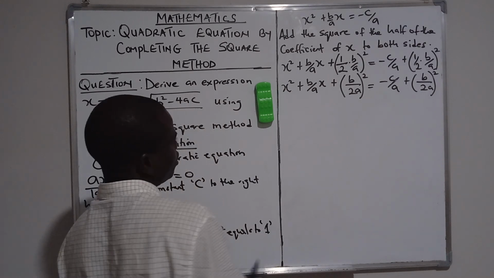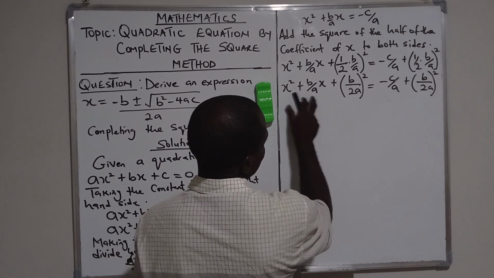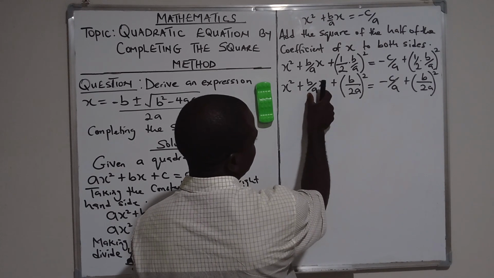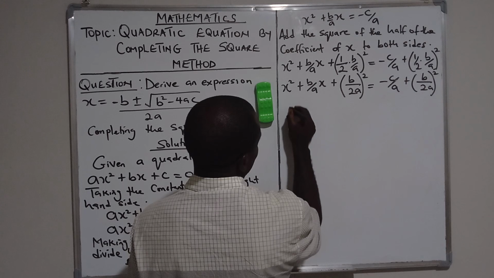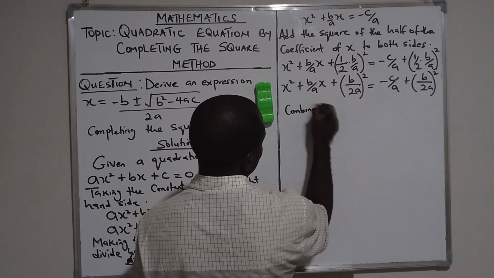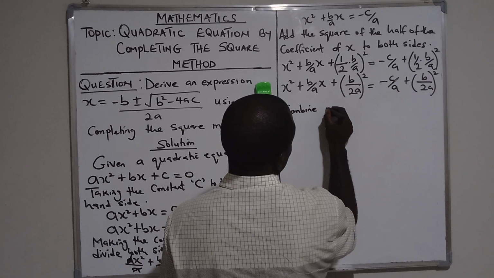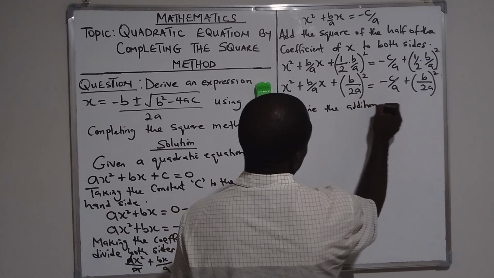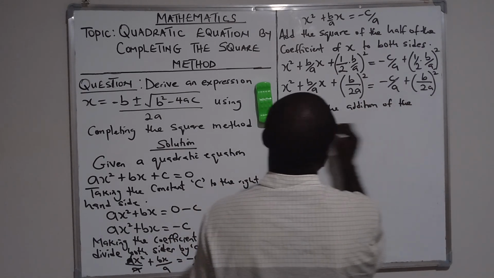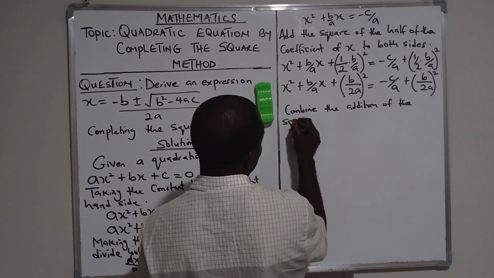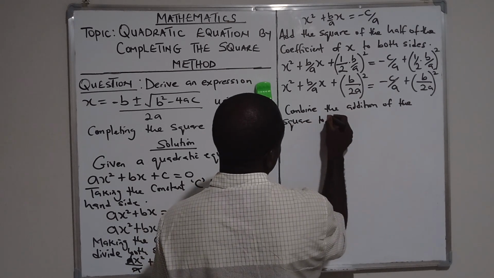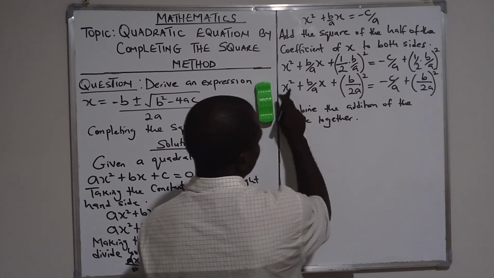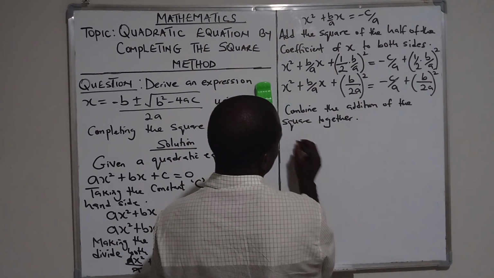Now you combine the terms with squares together and forget about what is in the middle. Combine the addition of the squares together.